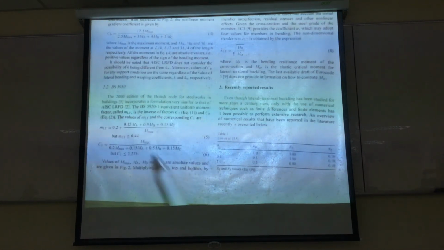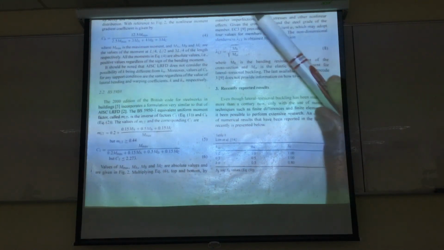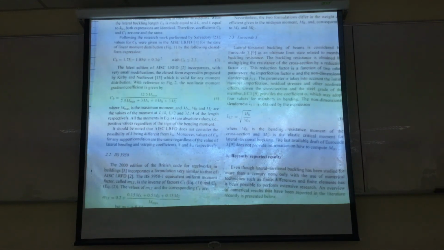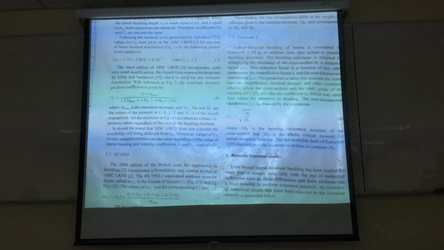Okay. You also have the Eurocode. Alright. So you can check into all codes. Pick up 3 CB. Plug in the value and get the smallest from 3 codes. That should be also conservative.